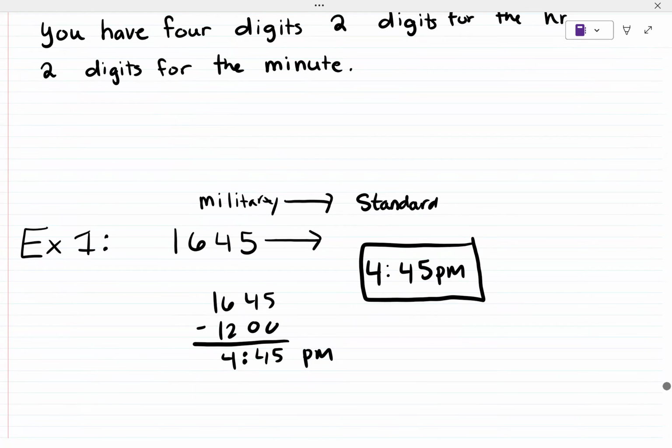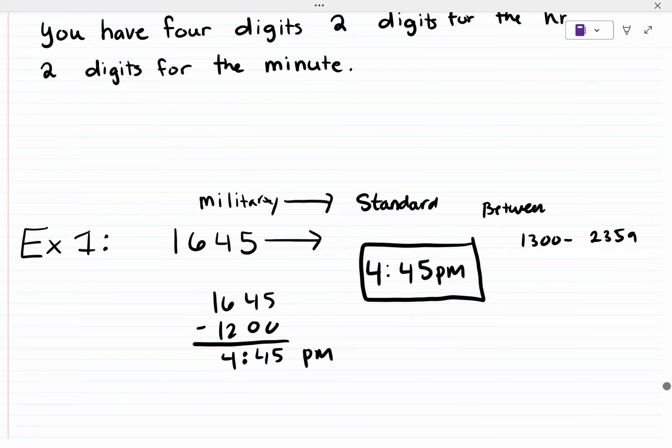1645 is between, let me write this out, 1300 to 2359, right?